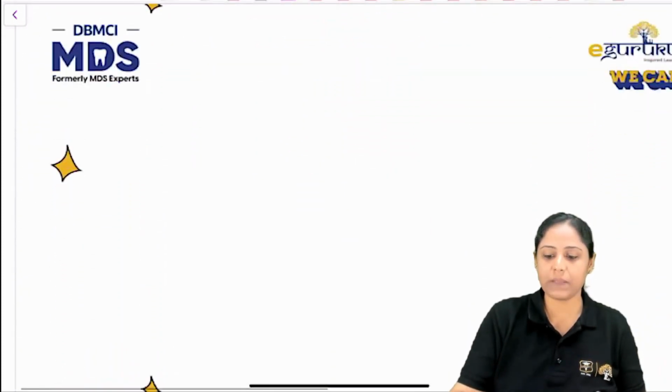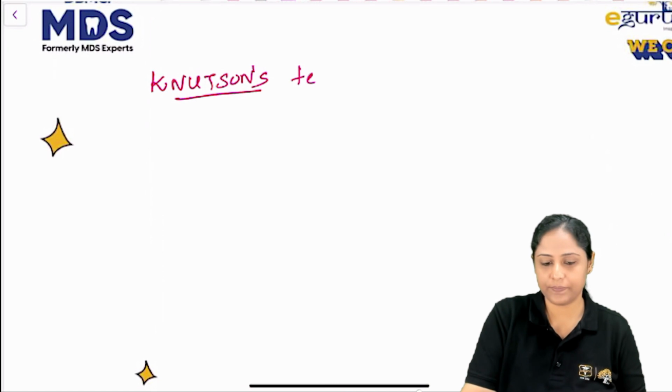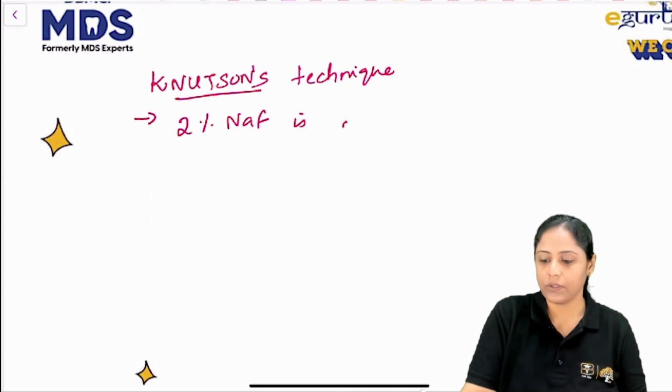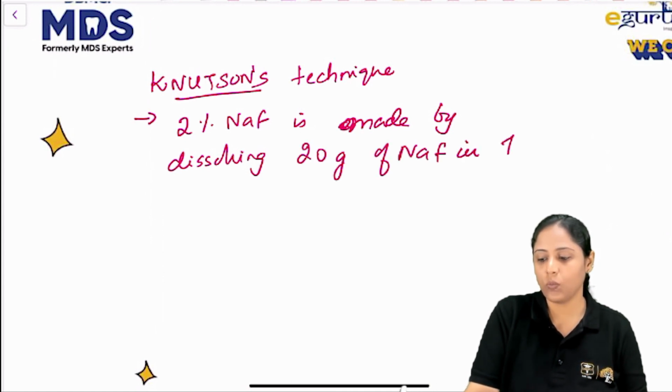So, what is the method of preparation of sodium fluoride in Knutson's technique? 2% sodium fluoride is made by dissolving 20 gram of sodium fluoride in 1 liter of water.